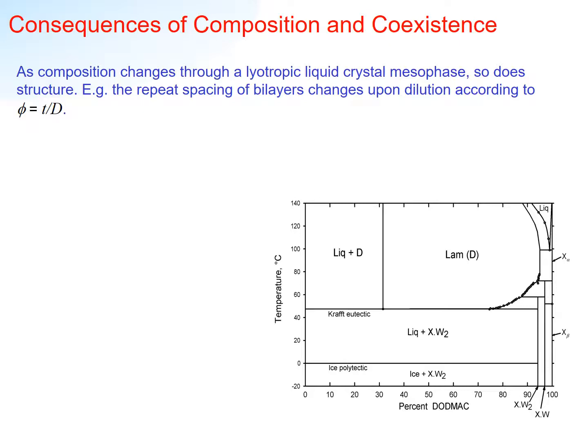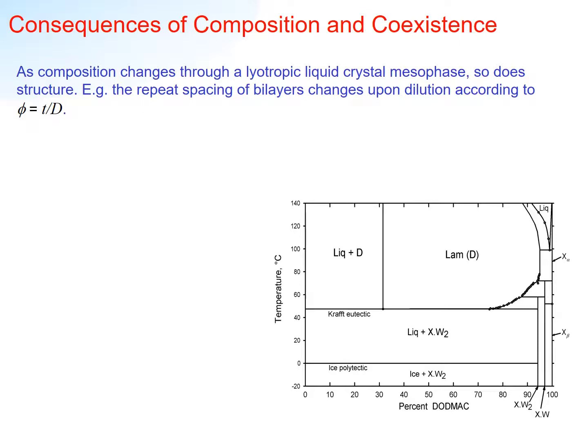Now we can start to look at the relationship between the phase diagram and structure. Lamellar phase is a convenient way to do this. As compositions change throughout a lyotropic liquid crystal mesophase, so does the structure.